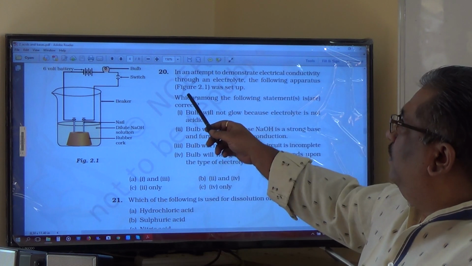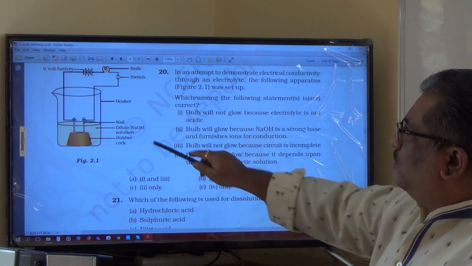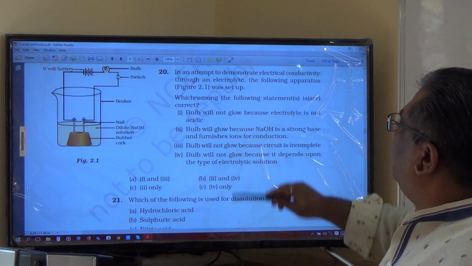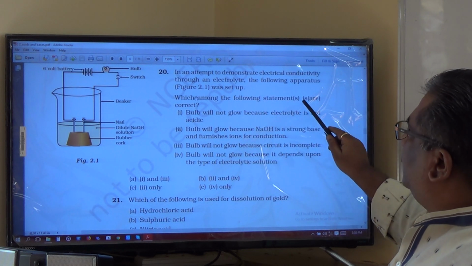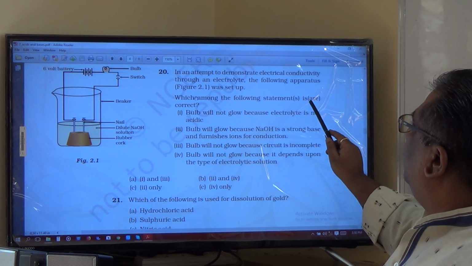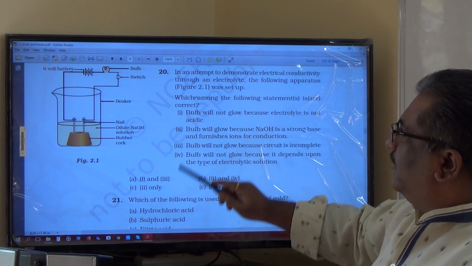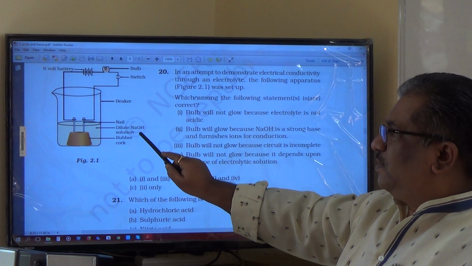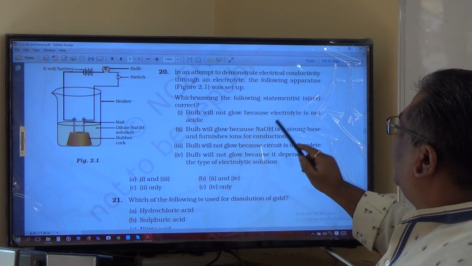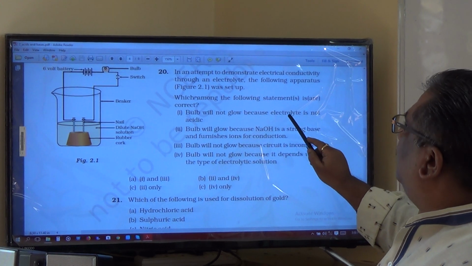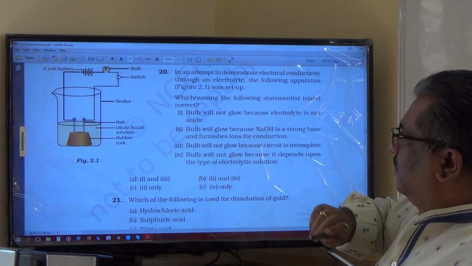In an attempt to demonstrate electrical conductivity through an electrolyte, sodium hydroxide solution is taken. The following apparatus was set up. Which among the following statements is correct? Bulb will not glow because electrolyte is not acidic. Wrong.